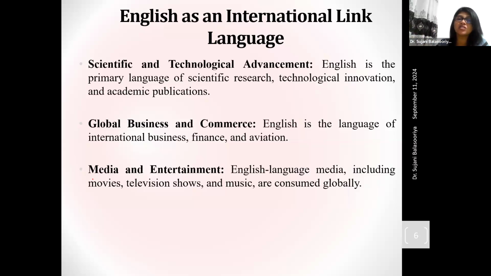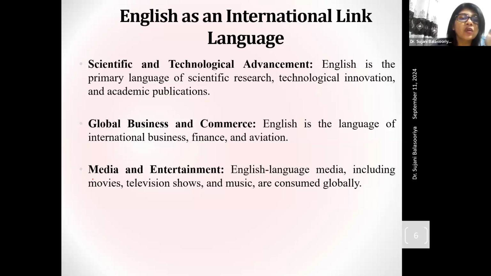This publication, communicating the innovations, everything happens via the English language. So the more the scientific and technological advancement, the more English becomes powerful. That is the idea. So that is another important factor that has caused English to be powerful, right?